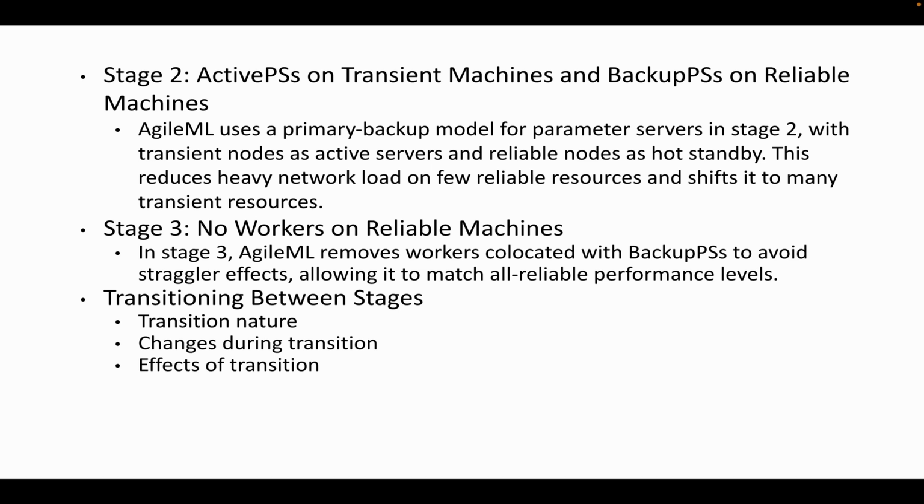And when we transition from stage 2 to stage 3, it involves assigning workers to the spot instances rather than the on-demand reliable resources. These transitions are done with minimal overhead in the background, and involve just a single worker notification message, ensuring efficient scaling up and down of resources.